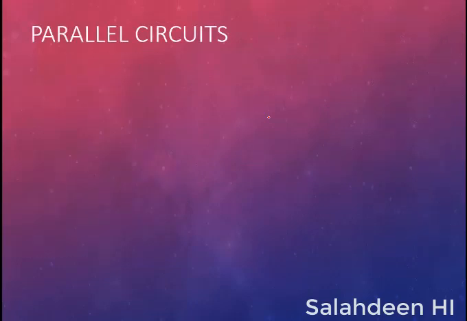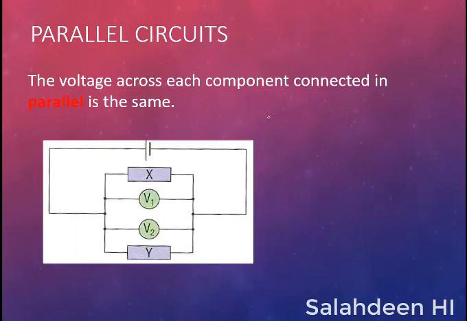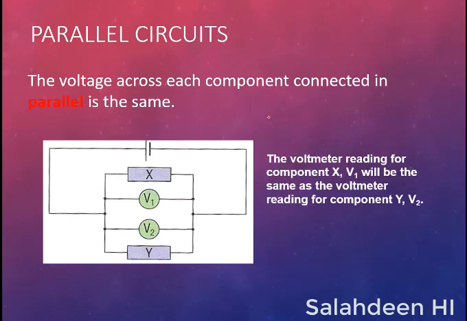Parallel circuits. The voltage across each component connected in parallel is the same. This is the circuit showing the parallel circuit. The voltmeter reading for component X, V1, will be the same as the voltmeter reading for component Y, V2.